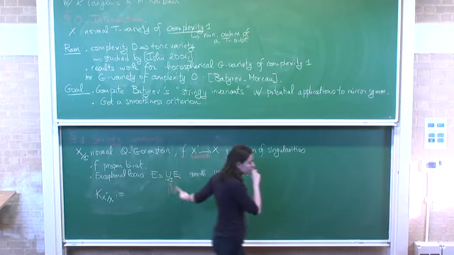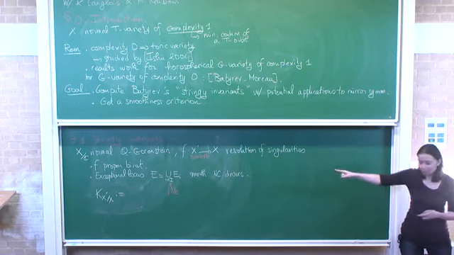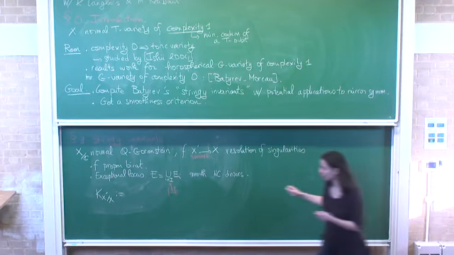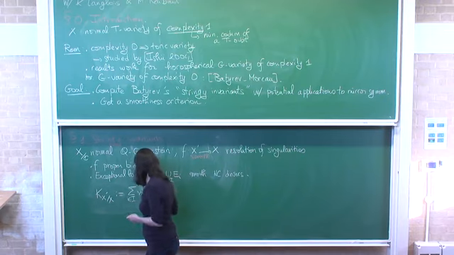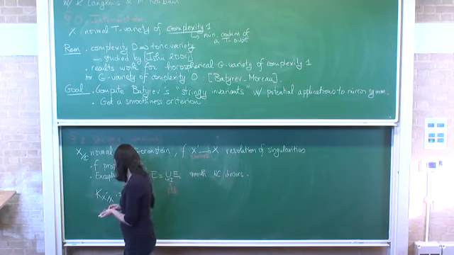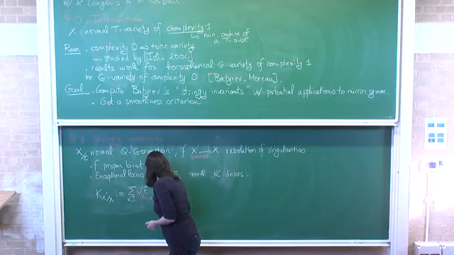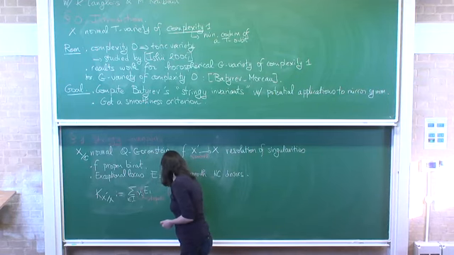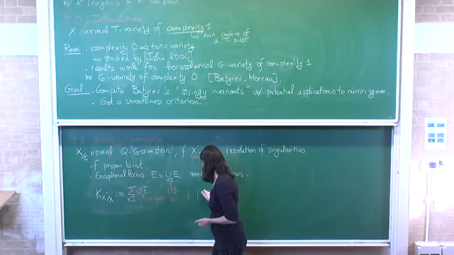It will be a formal sum of these E_i, sum over i of some a_i E_i, and I will require a_i to be bigger than -1, so this is asking for log terminal.